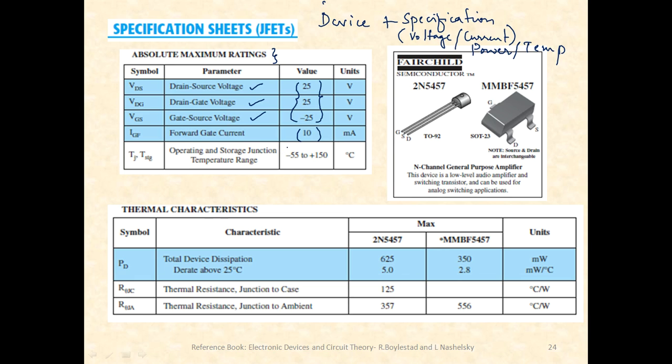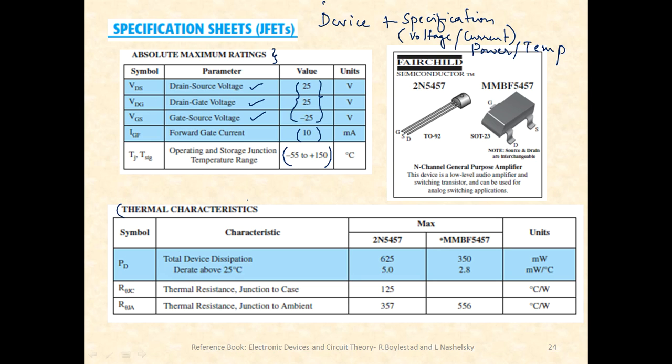Here the operating and storage junction temperature range is from -55 to +150 degrees Celsius, right? I just cannot give a temperature of 300 or maybe 400 degrees Celsius to a particular JFET and try to get the characteristics out of it. It may not work out, right?